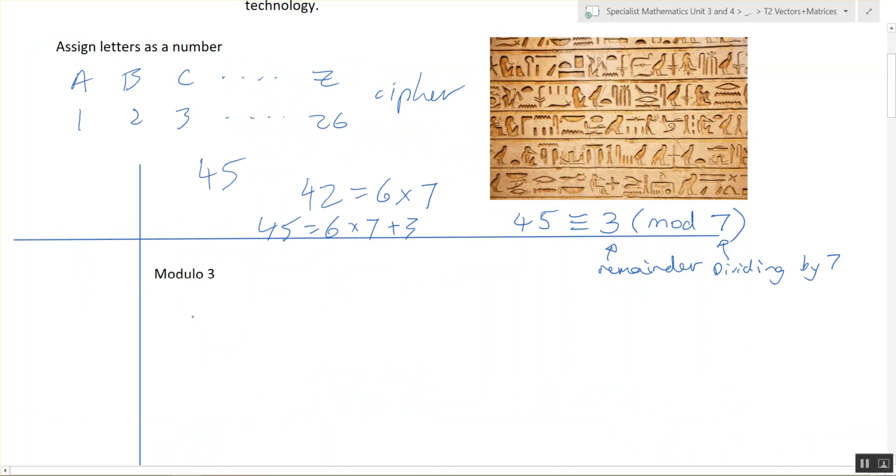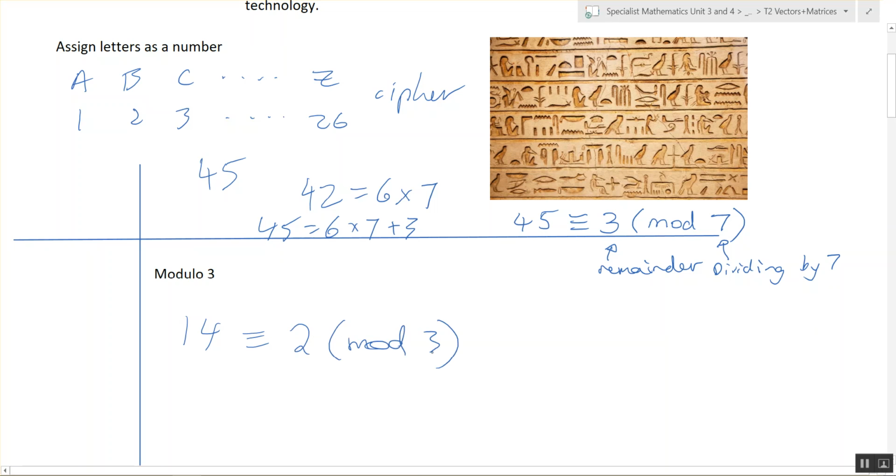So how would the number 14 appear in modulo 3? So you want the remainder. So what's a multiple of 3? 12. And what's the remainder? So it's 2 mod 3.